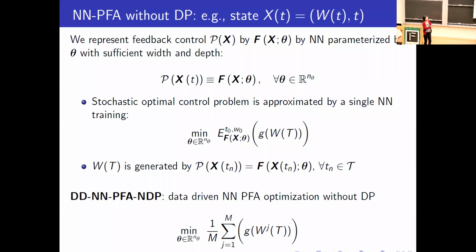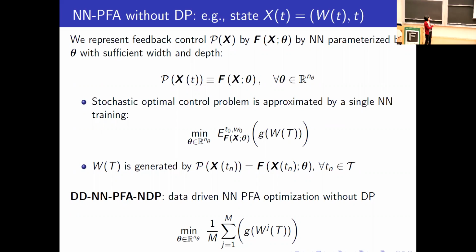So let me just describe this more formally. So what's the basic idea? Well, imagine that what I'm trying to do is solve this problem without using dynamic programming. So what I will need is a function approximation to the control, right?